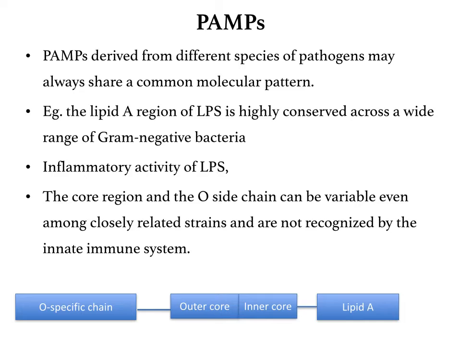And it is responsible for the pro-inflammatory activity of lipopolysaccharides, whereas the core region and the O side chain can be variable even among the closely related strains and are not recognized by the innate immune system. That is, only the patterns that are highly conserved in the microorganisms are the patterns that are recognized by the pattern recognition receptors of the host.